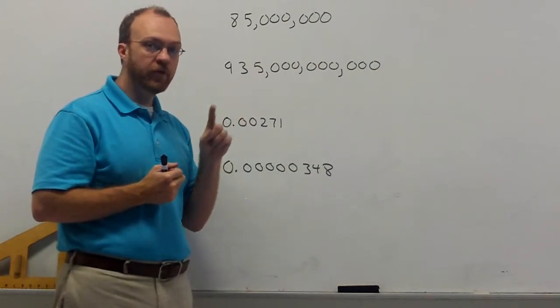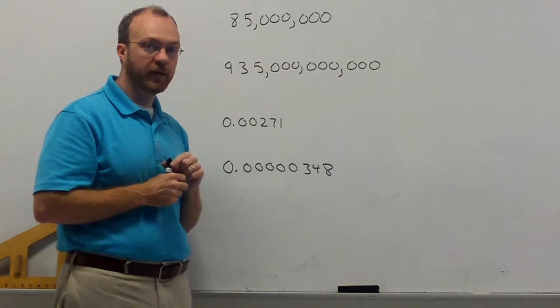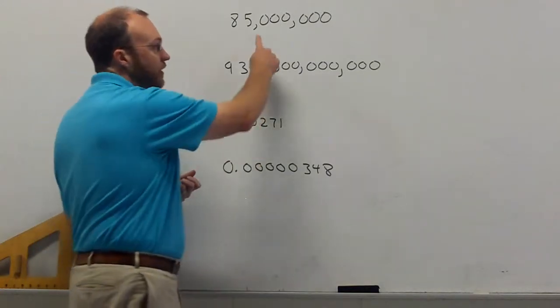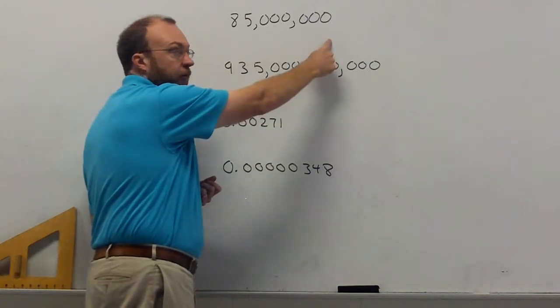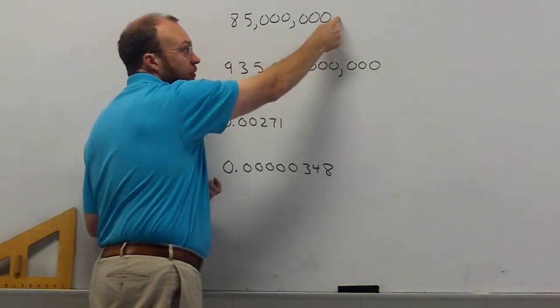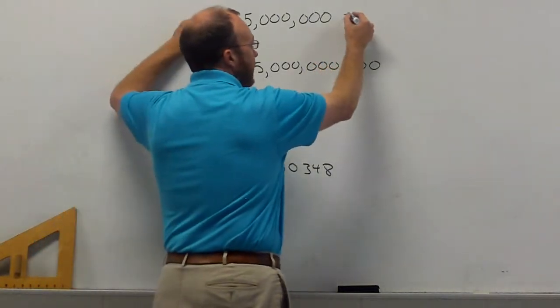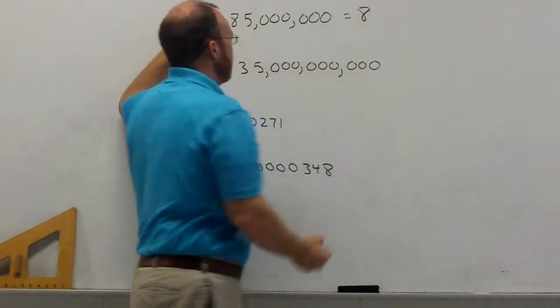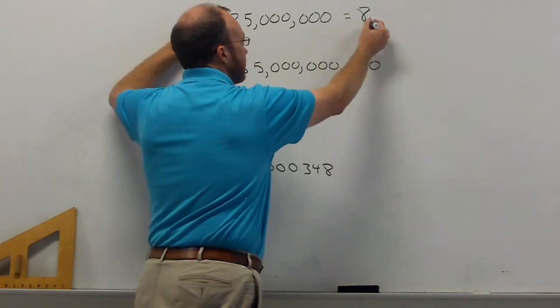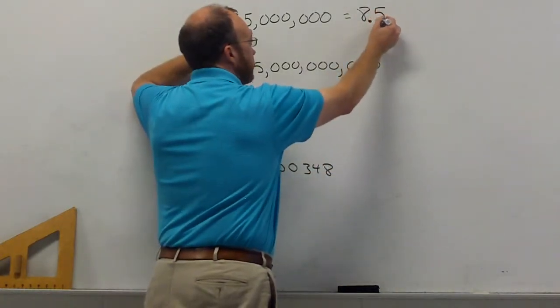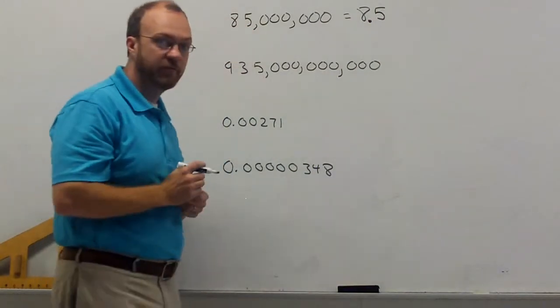We put one of those numbers in front of the decimal place and the other numbers after the decimal place. So these zeros at the end, these trailing zeros, are not significant because there's not a decimal. So we're going to write this down with one number in front of the decimal place and the other significant digits after the decimal place, so 8.5.